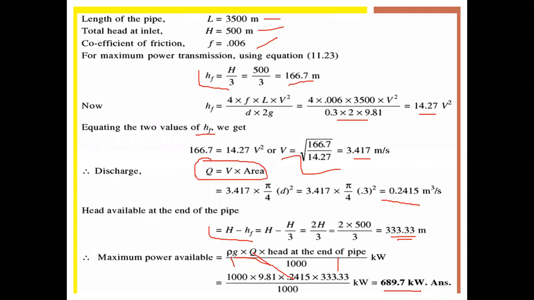Hope you understood the problems related to series and parallel pipes. We are dealing with power problems. Later we'll deal with Moody's chart, the Hazen-Williams chart and the Hazen-Williams equation. We'll discuss those things in the next class.